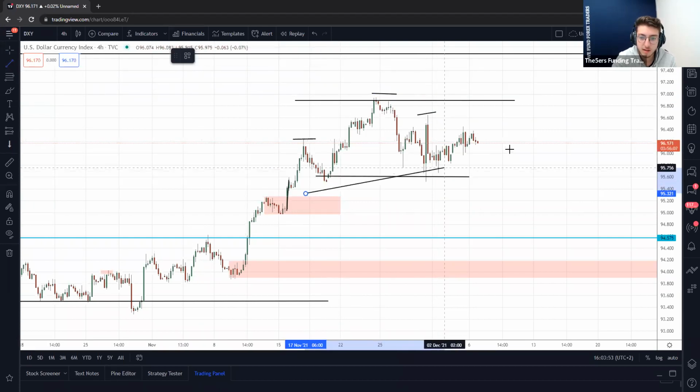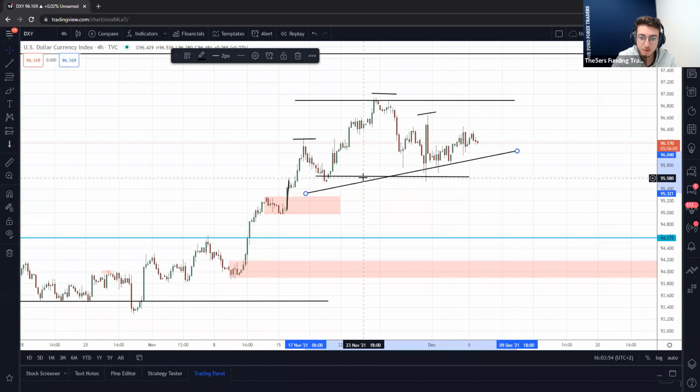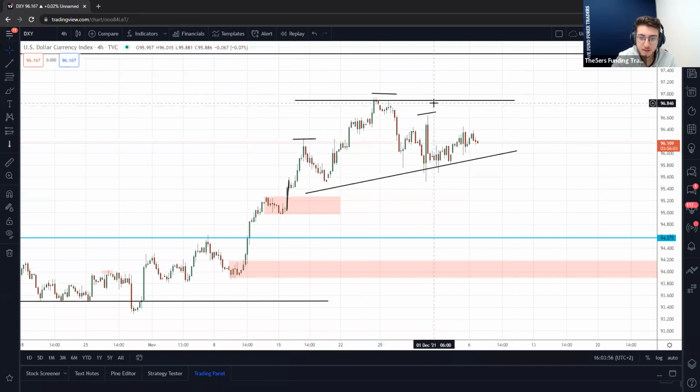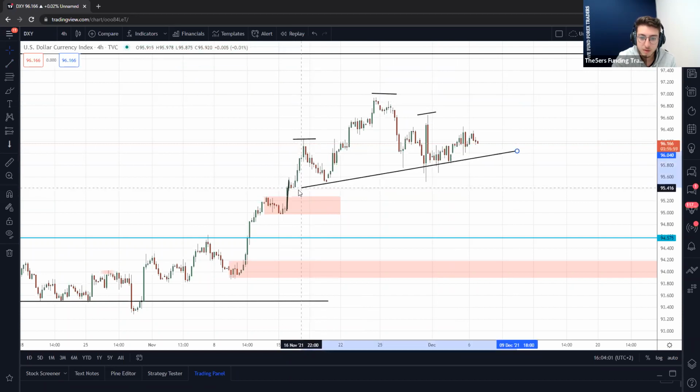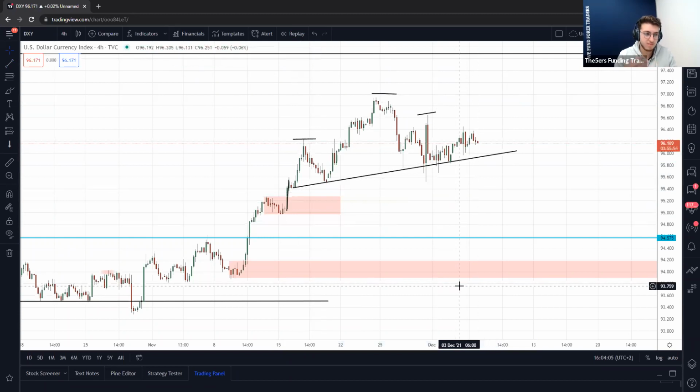I will just remove this and this. So there is something like that. They're starting a divergence on the price, so you should be ready for a break.